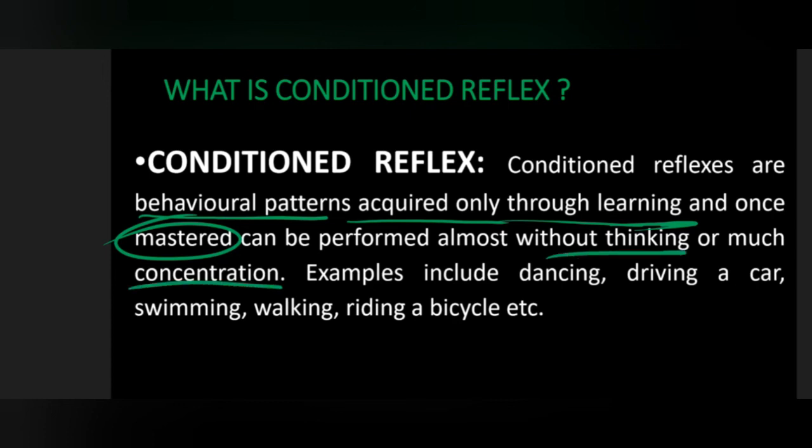For example, when dancing, if you have the skill to dance, you can do it so nicely without thinking about it. It comes from within you. Driving is another example of a conditioned reflex. Driving a car, swimming, walking, riding a bicycle. These are what we call conditioned reflexes.